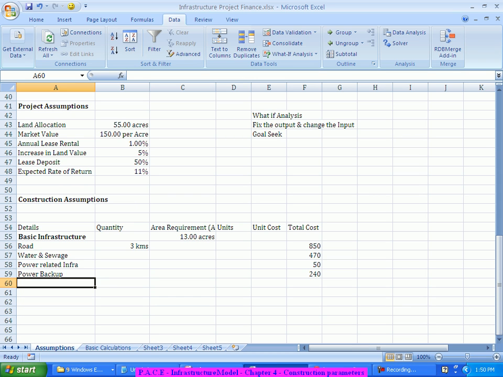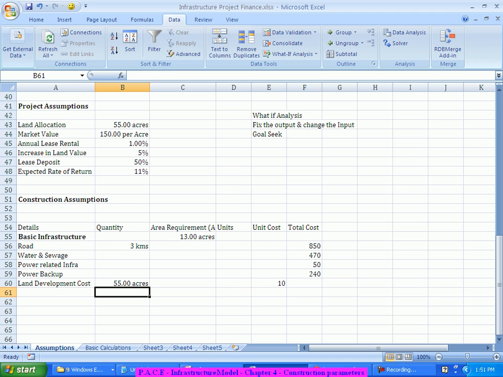Yeah. Land development cost. They are saying 10 lakh per acre. So this is 10 lakhs per unit. And here probably I'll point it to this location itself, because the total thing is 55 acres for me.